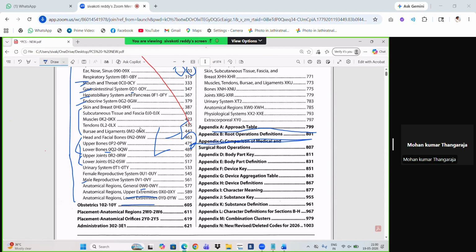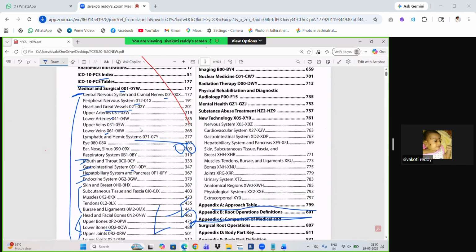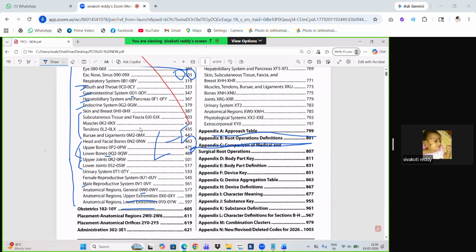Can you repeat once more? In total we have 31 root operations. Based on the root operation only, we get the correct code. Where do we find the root operations in the PCS book? In the table of contents, under appendix B, we have the root operation definitions. Where do you check the approach table?